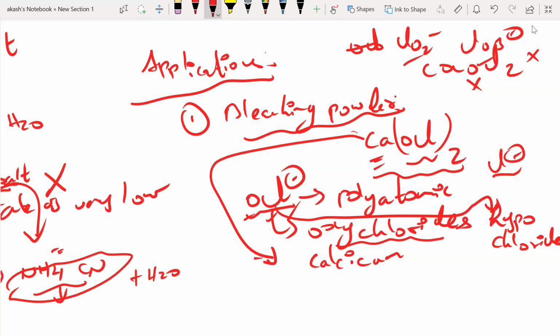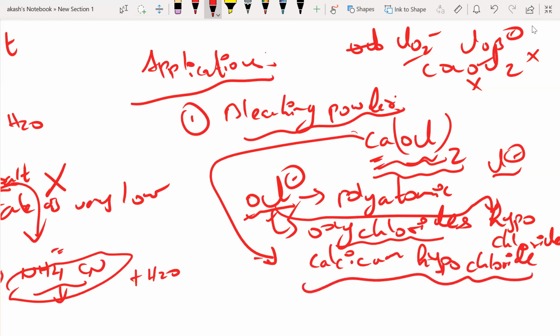The chemical formula is CaOCl twice, but the OCl minus is called the hypochlorite ion. So I can easily tell the chemical name of bleaching powder is nothing but calcium hypochlorite. This is the chemical name of bleaching powder.